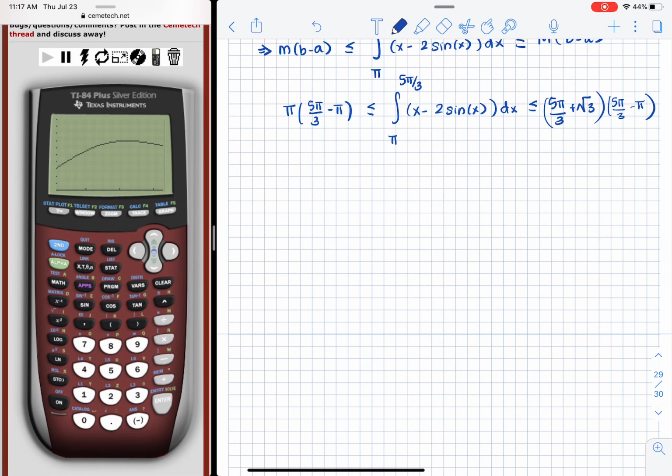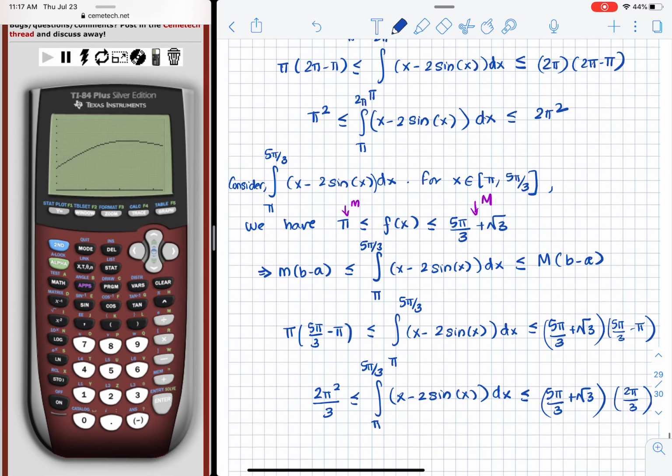That would end up giving us 2 pi squared over 3, and that's what we would have.